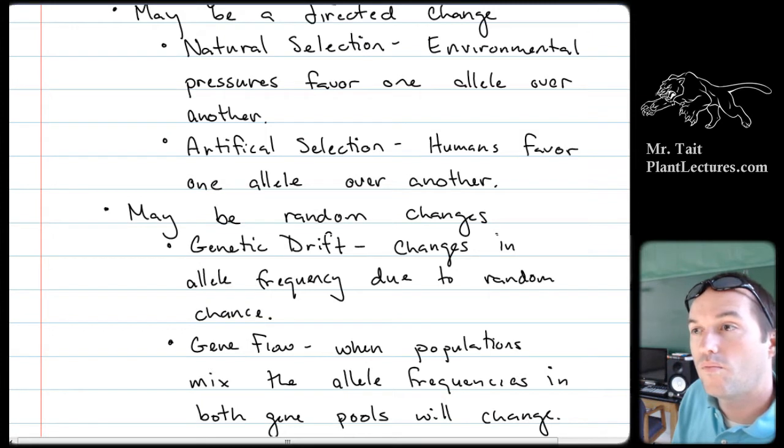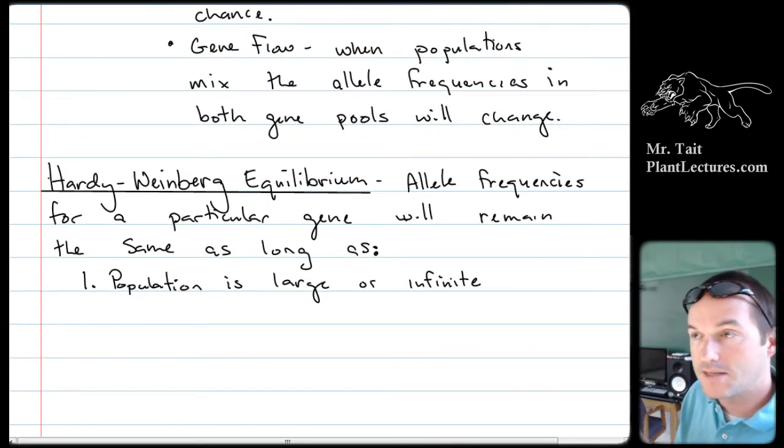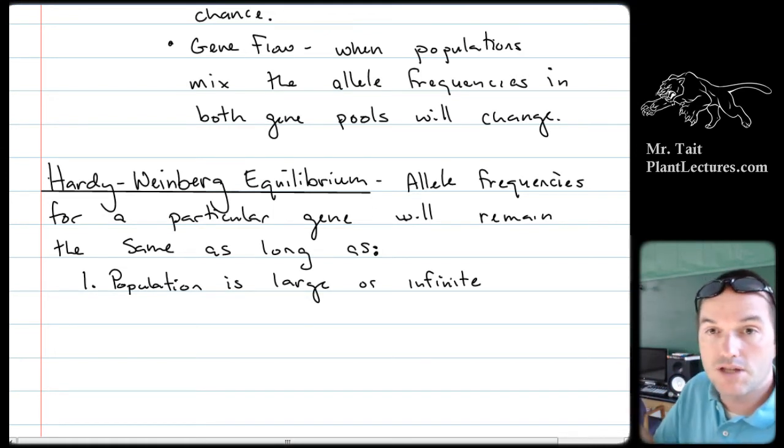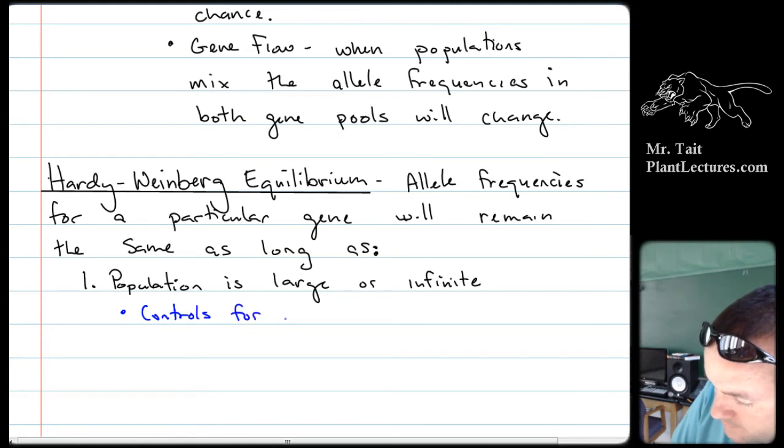Which one of these possible changes? Genetic drift, yes. So we said that if I flip a coin 1 billion times, I should get 500 million heads and 500 million tails. So the larger the population, the less likely that I'm going to have a change in the allele frequency due to random chance. Okay, so this controls for genetic drift.